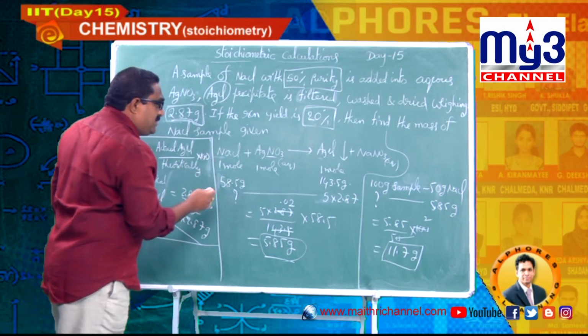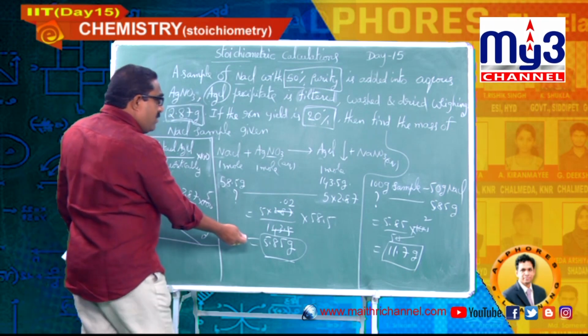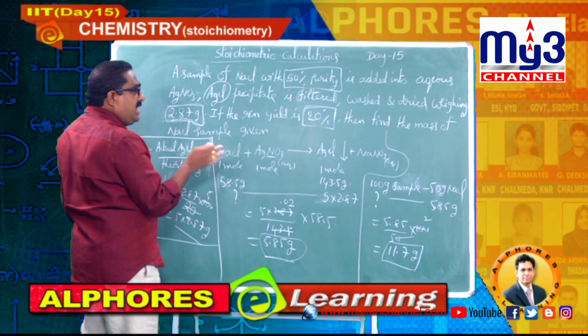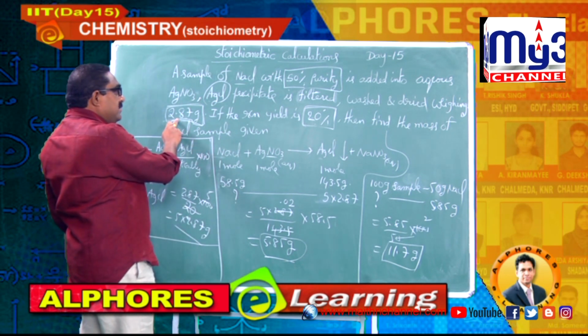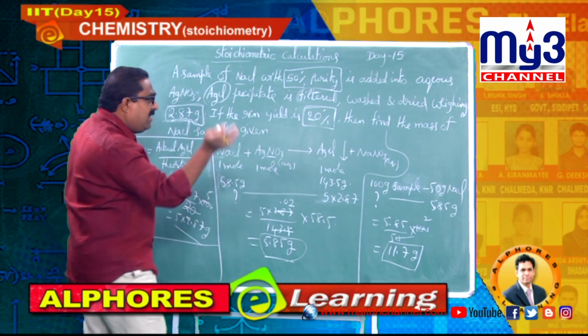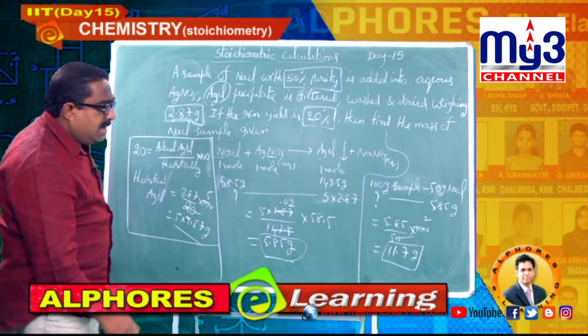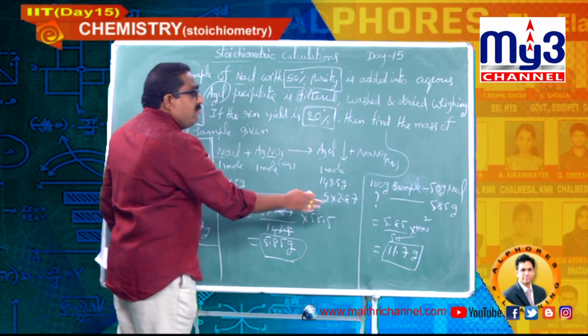First I evaluated the mass of sodium chloride actually needed to produce 2.87 grams practically with 20% percentage yield, and then I calculated the weight of sample.